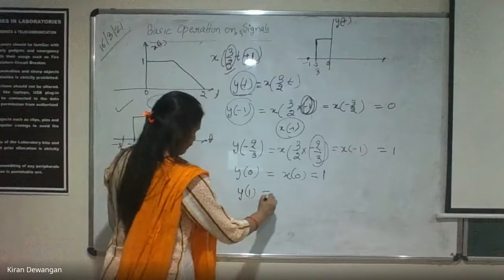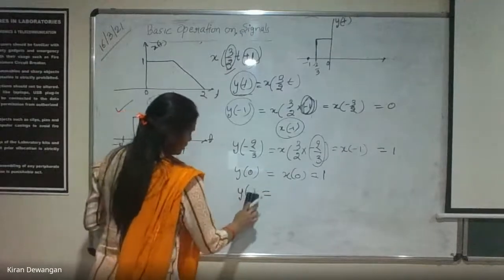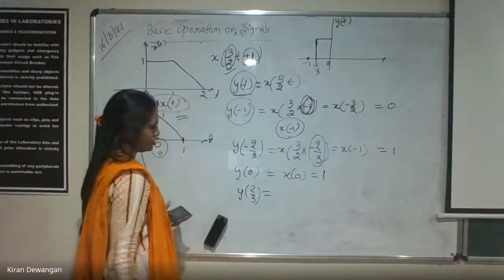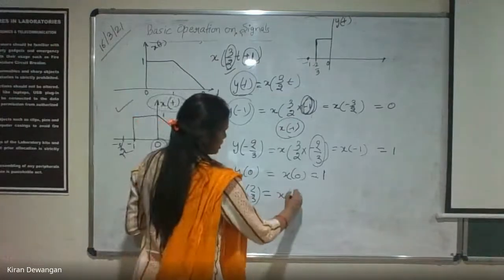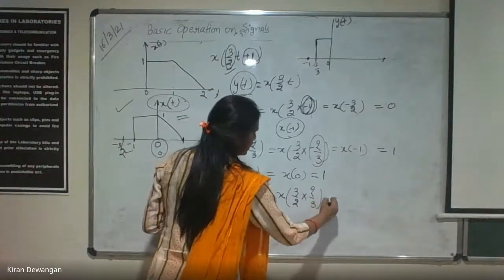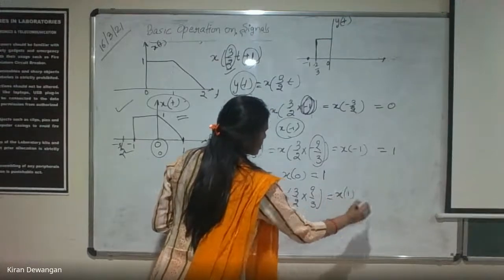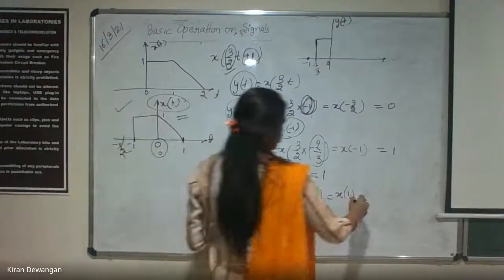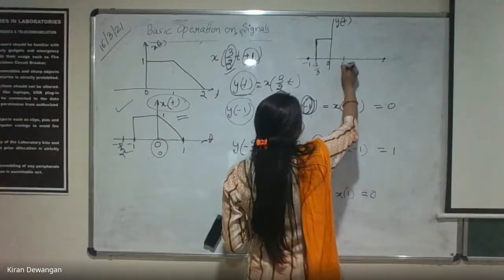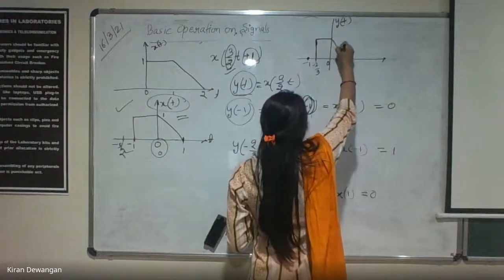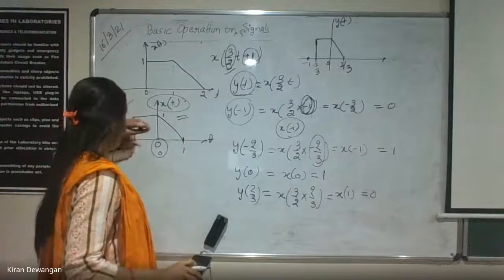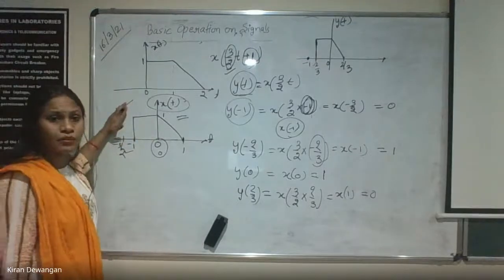So y of 2/3 becomes x of 3/2 into 2/3. This becomes x of 1, and x of 1 is again 0. So somewhere here, this is 2/3. It will drop to 0. Now can we see the compressed signal?